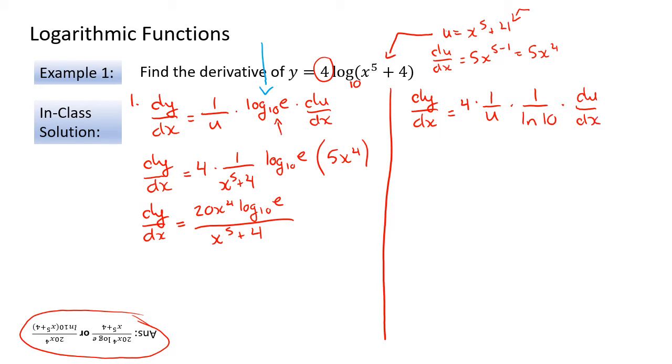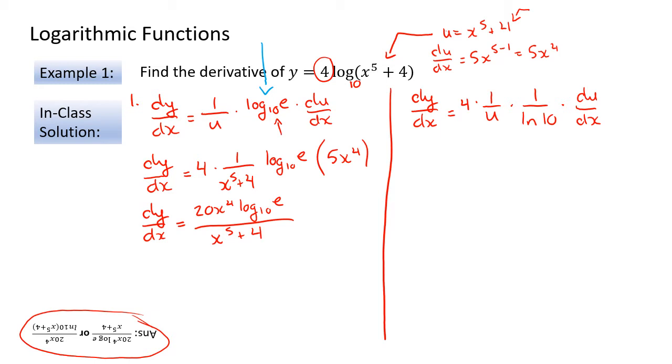Everything is the same here: our u value and our du by dx, nothing changes. The only piece, remember from that slide, that changed is that instead of log, we had ln. In this case it's base 10, so both can be placed in your calculator, but if it's not base 10, this is where it's really beneficial.